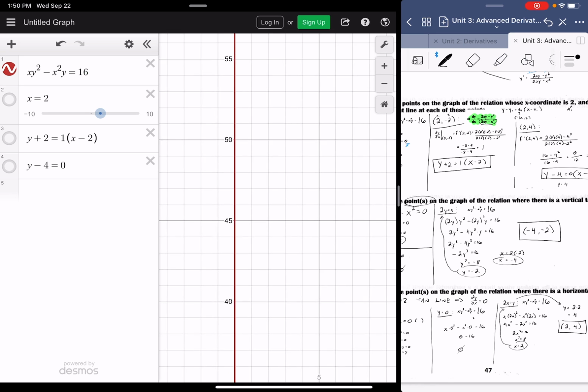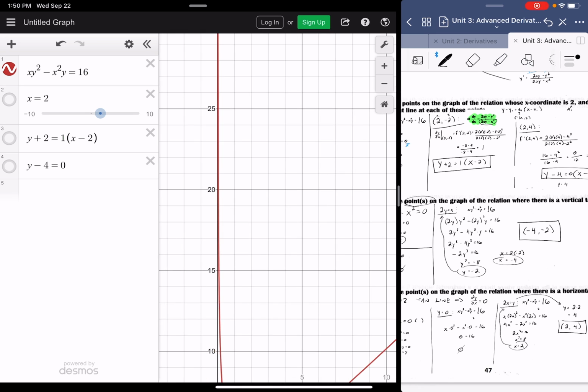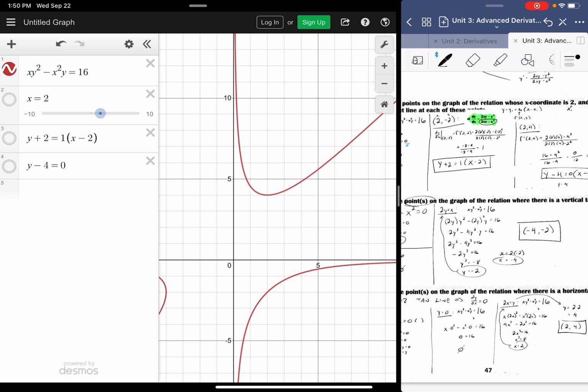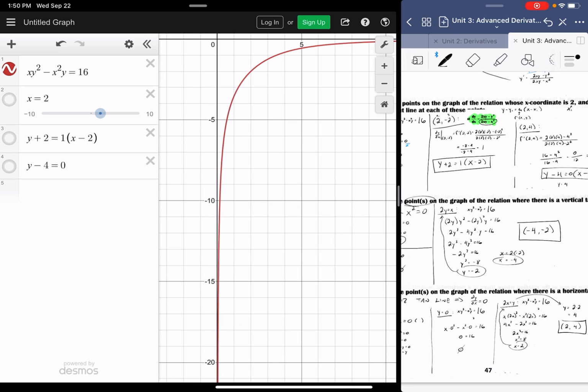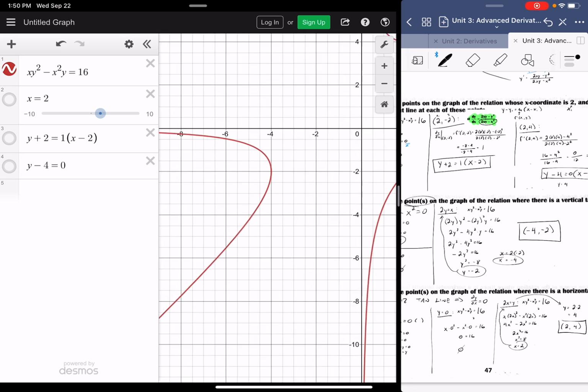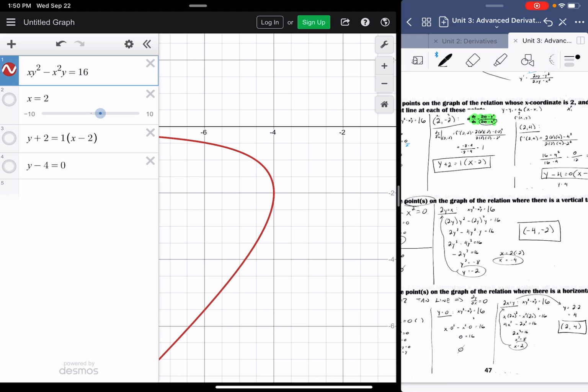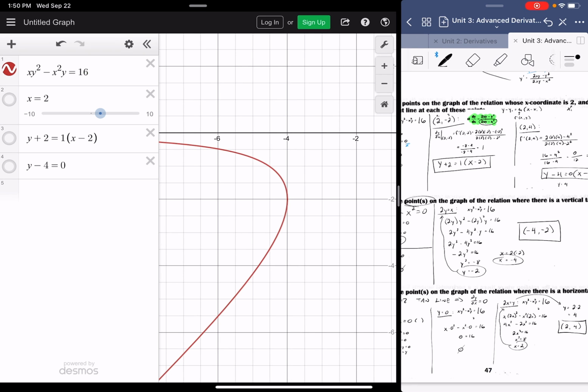So this definitely approaches x equals 0. But a vertical asymptote is not the same as a vertical tangent line. Vertical tangent line would be right here. So when this thing turns on itself, the rightmost that you see here would be where the vertical tangent line would be.